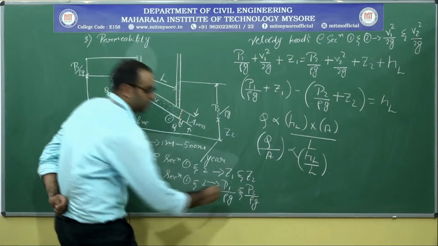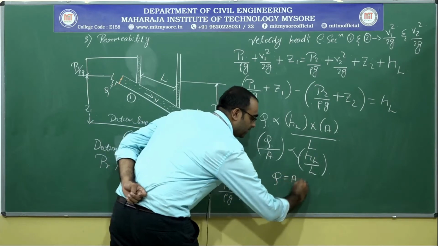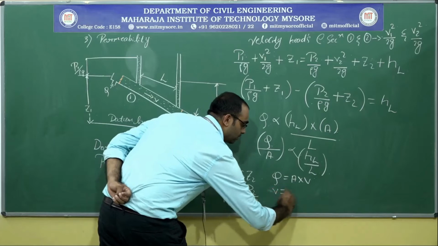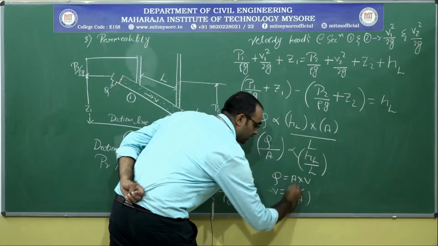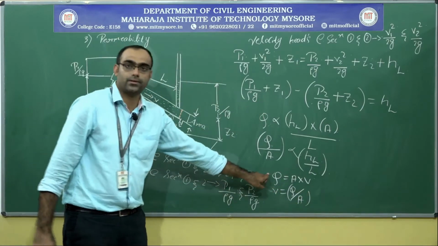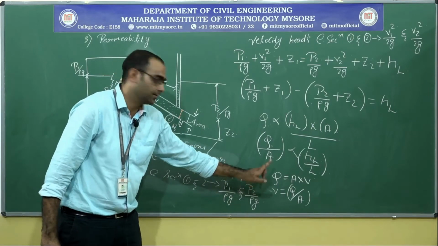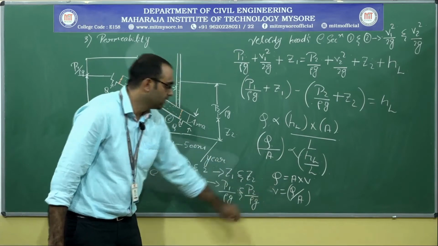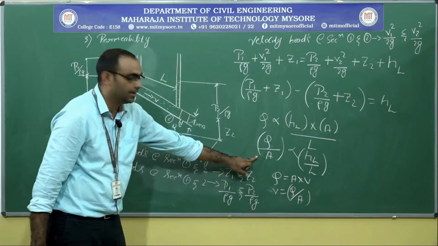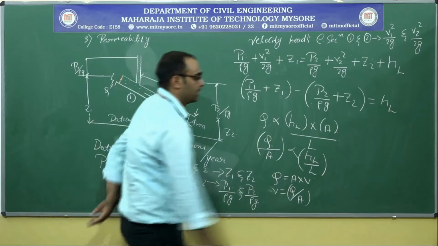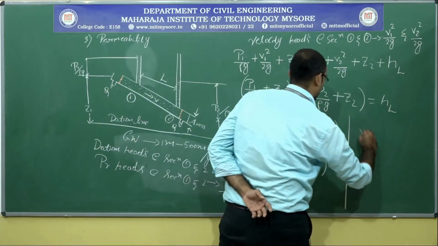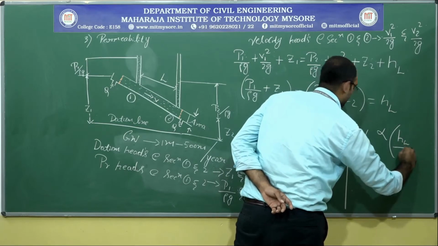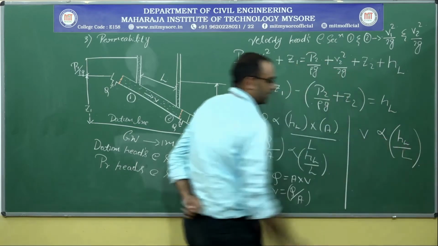You all know Q is equal to A into V, so V is equal to Q by A. This is the normal discharge equation which we have used extensively in fluid mechanics as well as in hydraulics. So I am going to replace this Q by A by V. I am going to write it here. V is directly proportional to HL by L, right.